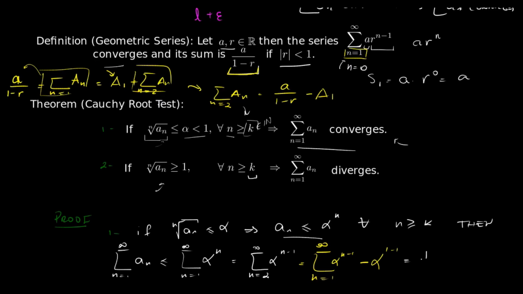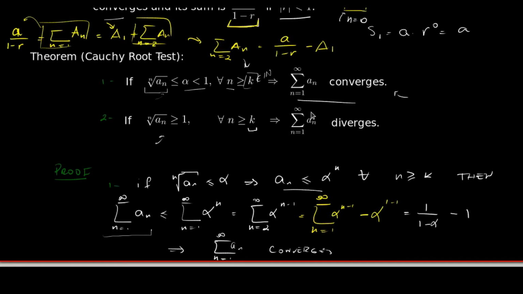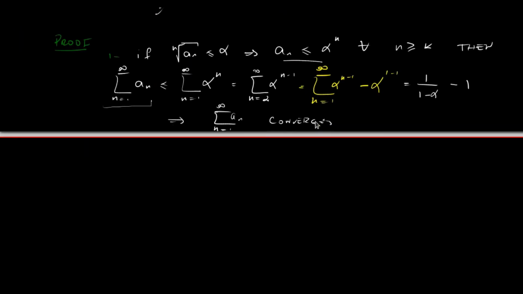So then this is 1 over 1 minus alpha, to the power 0 is 1. And so we know that our series is smaller than this number, but then this is only telling us that our series converges.